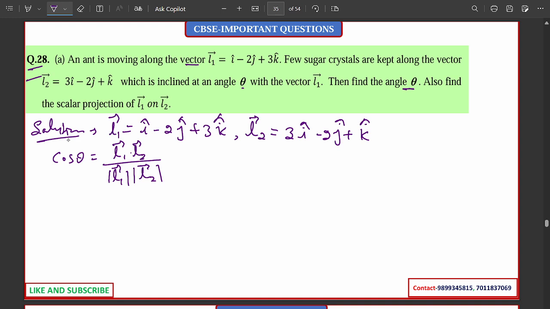So now we have to put the values of L1 and L2 in vector form and find the dot product.